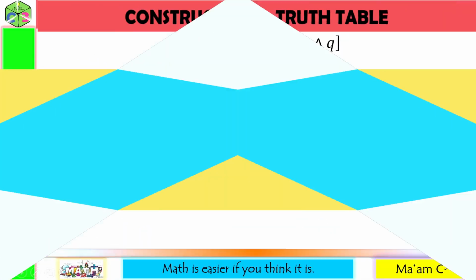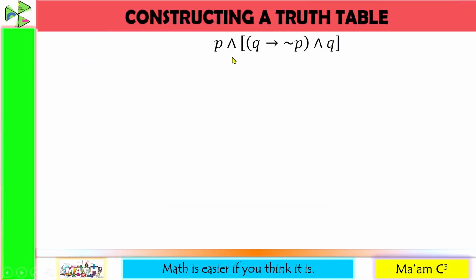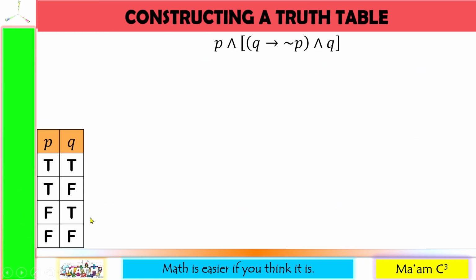Let us have another example. We have here P and Q implies not P and Q. This is getting more challenging. Still, I have two propositions here, the P and Q, and the possible truth values for them. Now, remember that you have to work at the innermost. So the innermost part of our compound proposition is this one in parentheses.